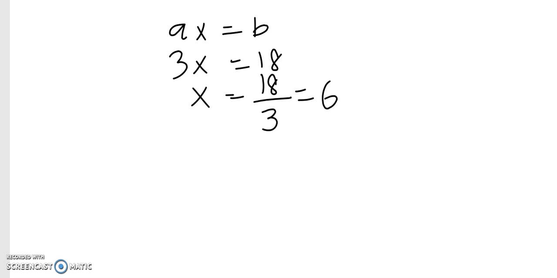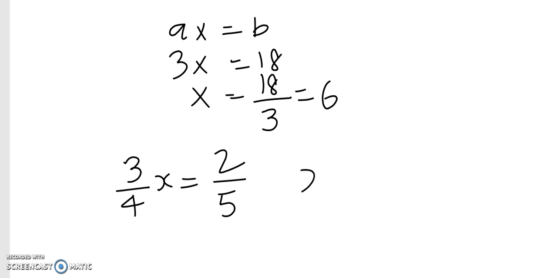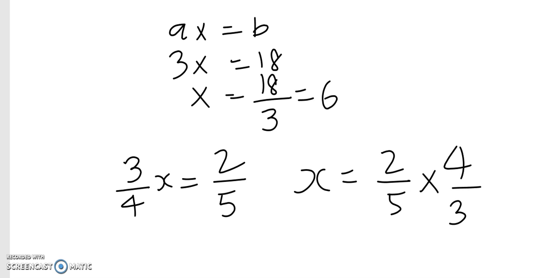Or I can say that 3/4 of x is equal to 2/5. Then what is x here? x will be equal to, I'm going to keep this 2/5. I'm going to bring this 3/4. When I bring it to the other side, I'm going to flip it. That becomes 4/3, and that becomes 8/15. So x is equal to 8/15.